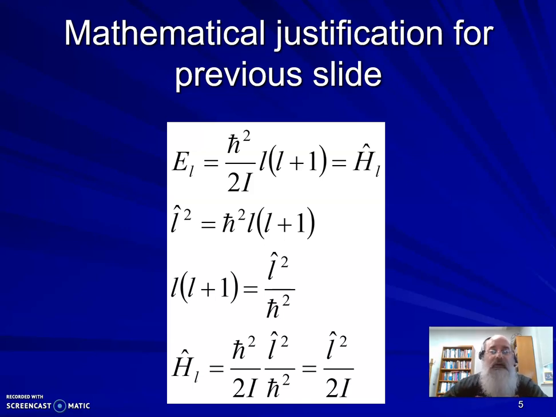And so the L squared operator eigenvalue is h bar squared times L(L+1), which means L(L+1) is just L squared over h bar squared. And the Hamiltonian portion of the operator that deals with L then is just the L squared operator eigenvalues over 2I. So take a look at this slide, substitute it back into what we've done so far, and try to think that through.